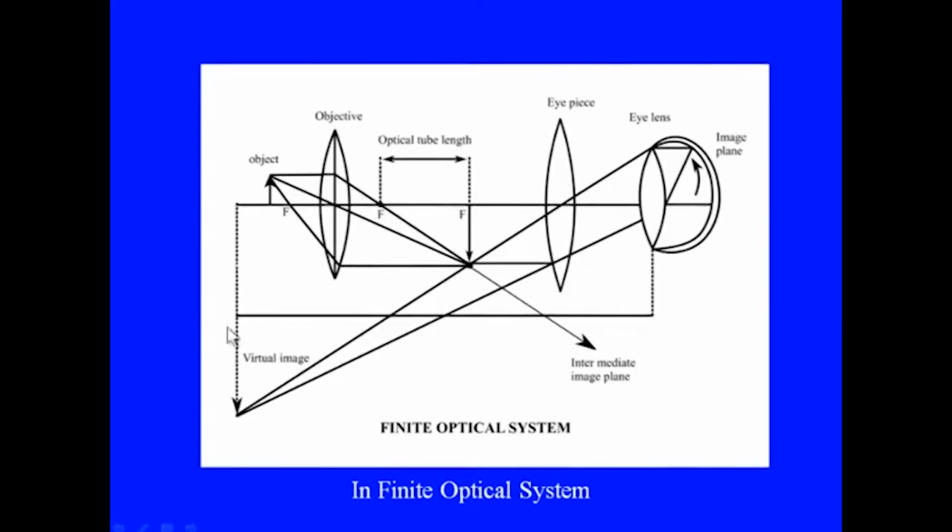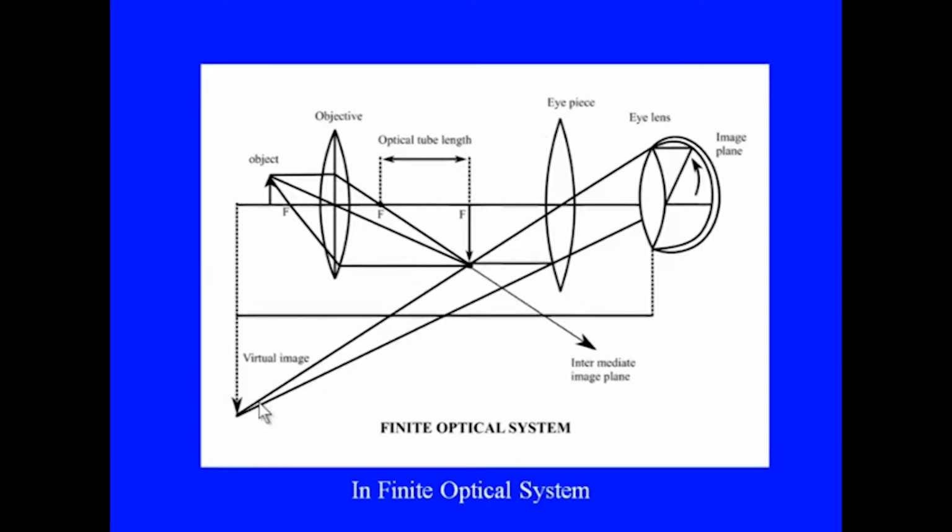This virtual image acts as the object for the eye lens, and finally, an inverted real image is formed on the retina of the eye, which of course is not perceived as inverted, rather it is perceived as erect by the brain.